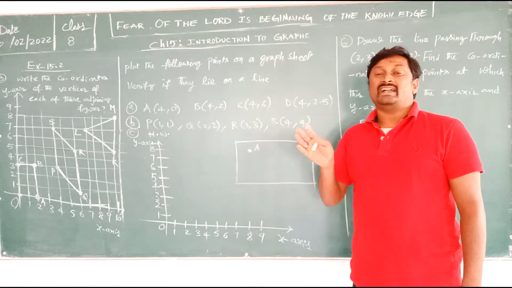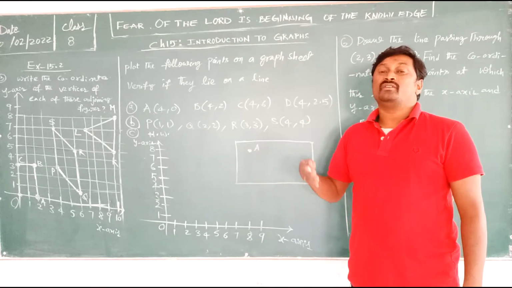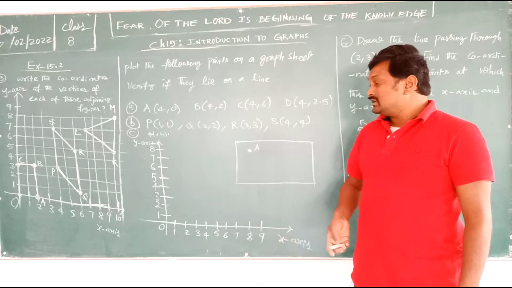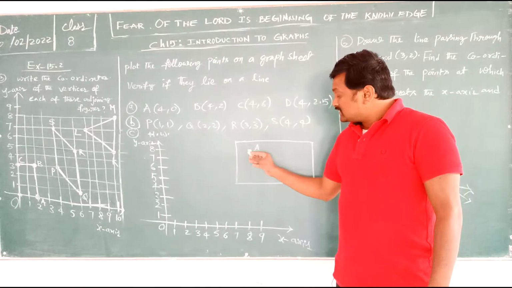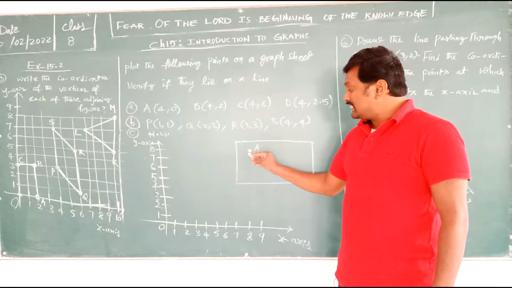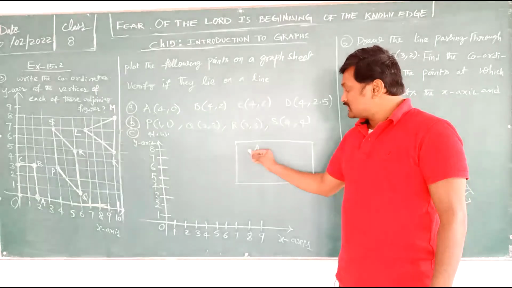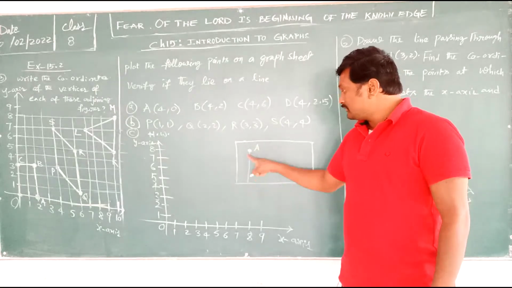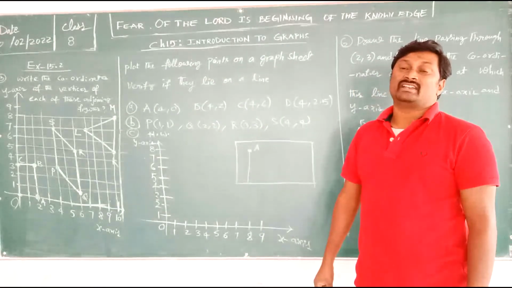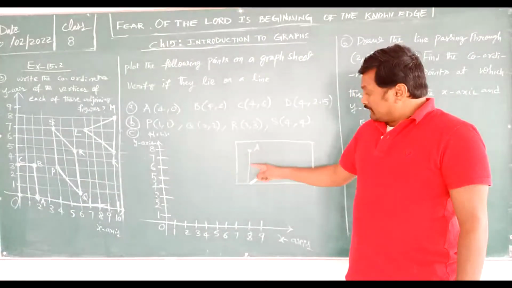But what is the actual representation? How are we going to represent it? It is very simple. From this point to the long edge, draw a line. I am drawing from here to here, and measure with your scale how many centimeters there are.